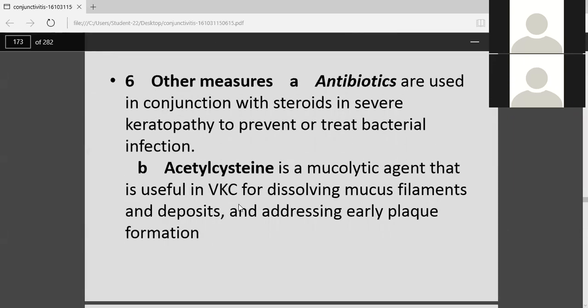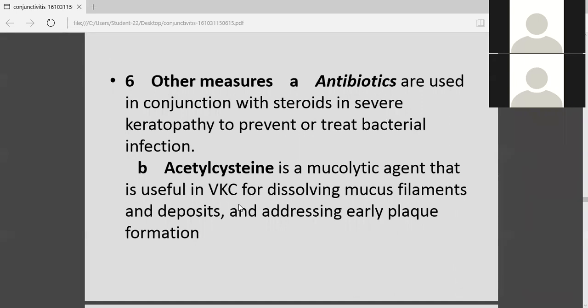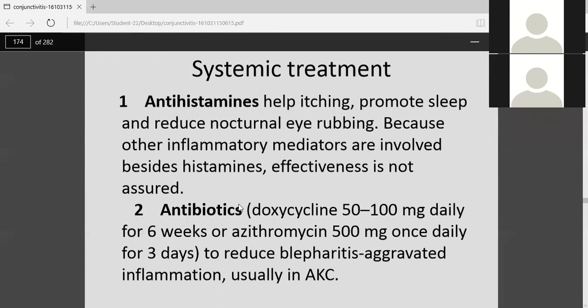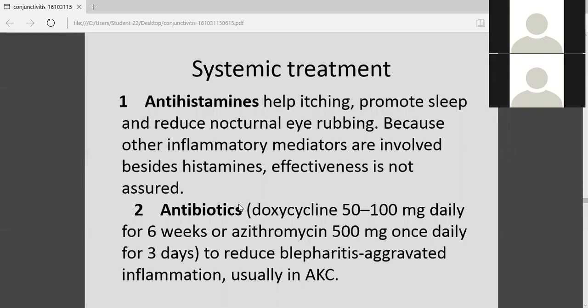Acetylcysteine, this is basically a mucolytic agent, okay? And it is useful in VKC, just to remove the mucus filaments or deposit that might occur as a complication of VKC. Okay, let me tell you one more thing, that antibiotics can also be used in order to reduce the secondary infection or the associated infection.